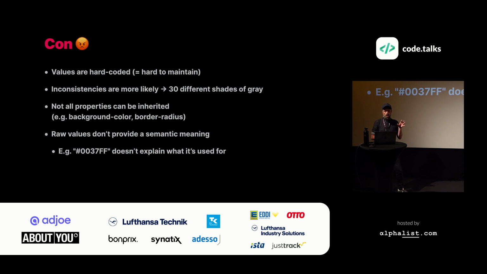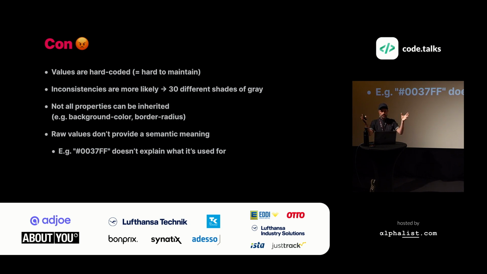And not all properties can be inherited. It's mostly typography-related properties. Background color, for example, border radius, properties like that cannot be inherited. And also, I think a raw value, if you have a hex color value, for example, I mean, HSL is better, but even then, it doesn't really provide a semantic meaning.